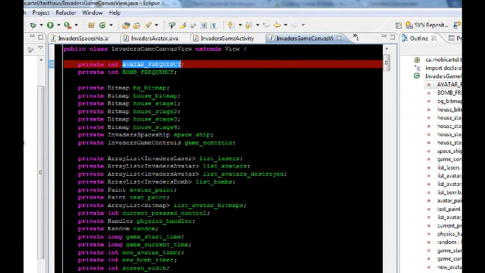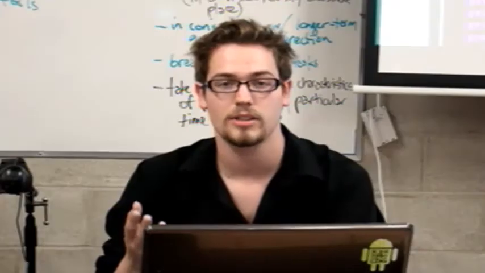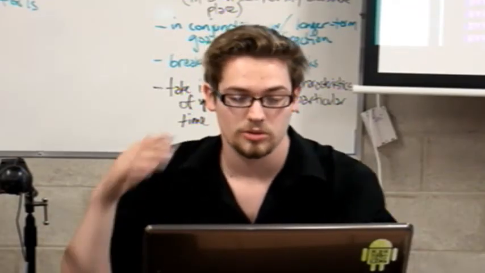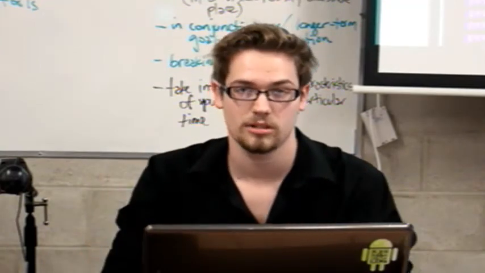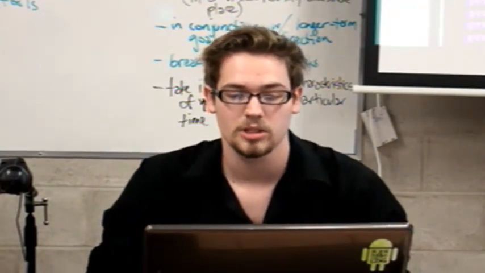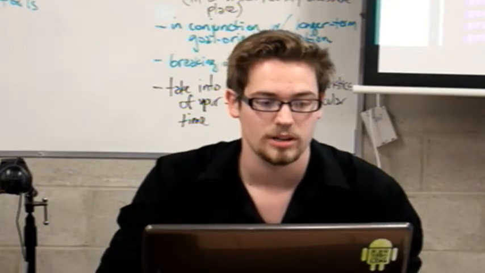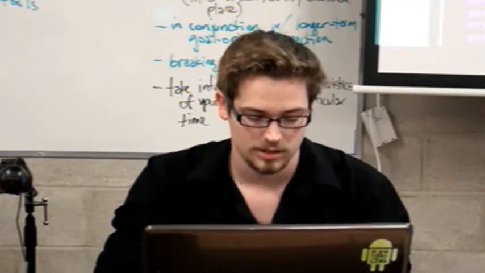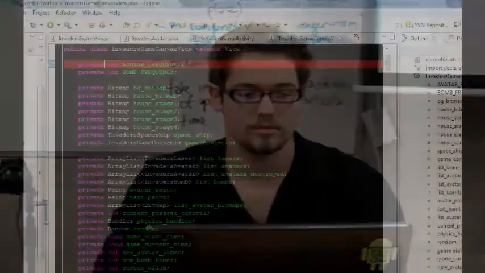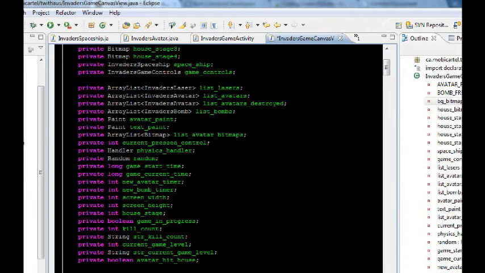You want to set that once across the entire class. Otherwise, if you want the aliens to come more often, you're going to have to go through, maybe you have 20 places in your class where you have to use that value. So make sure you declare your finals there. Actually, I didn't even declare the final, but you could. We'll do that later.